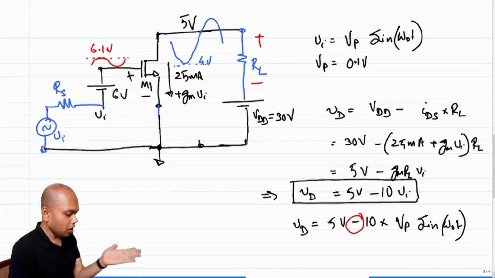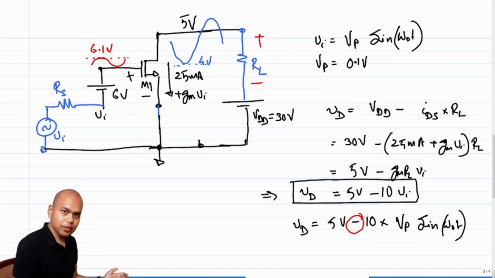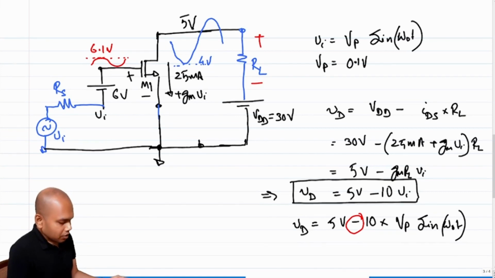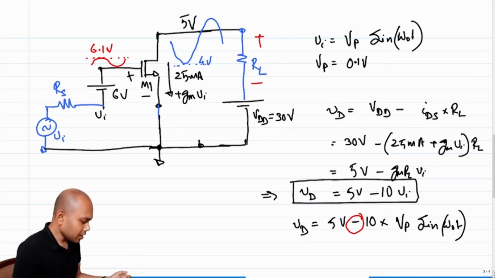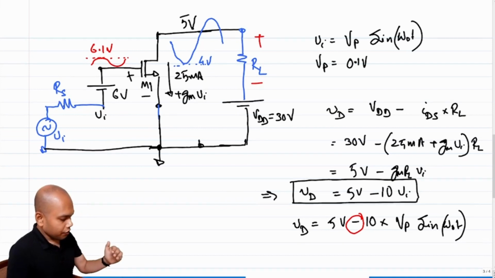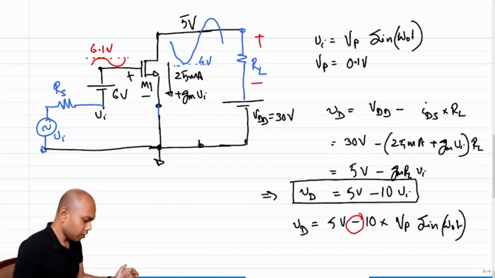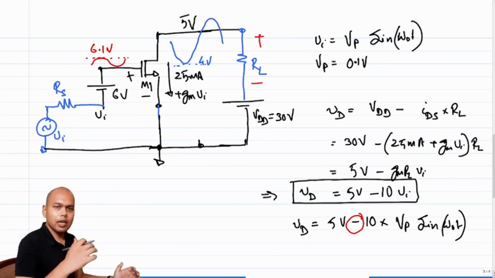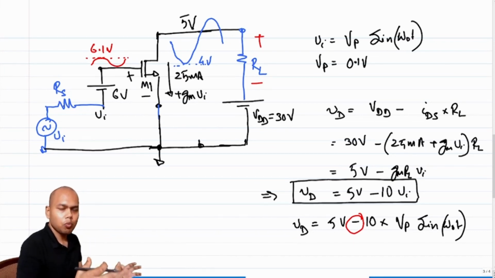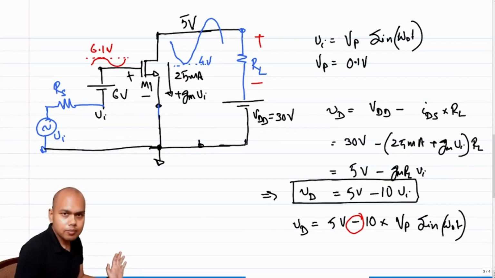Because I am not satisfying the condition of VD should be greater than VG minus threshold voltage, right? In other words, the easy way to think about it is that if you know the total gate voltage, you can only allow the drain voltage to go one threshold voltage below the gate.